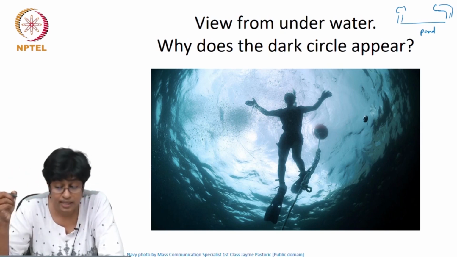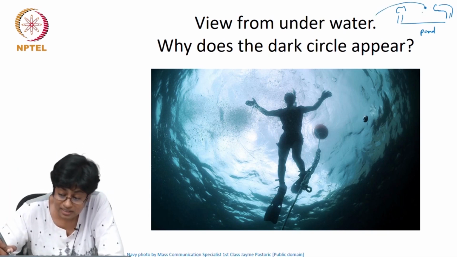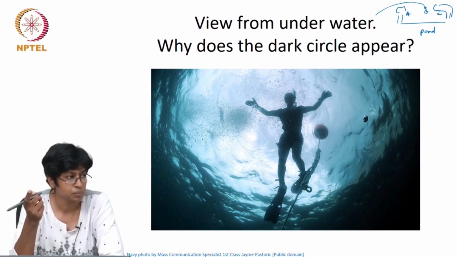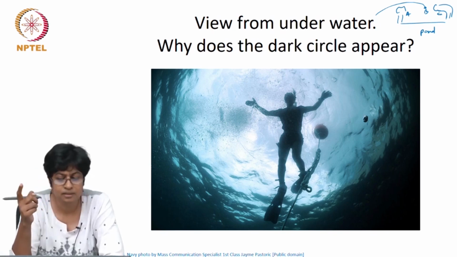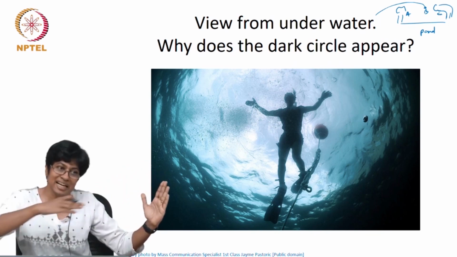Let's say something was hanging over here. You would see this. So let's say I have different images, different objects. The object B would probably appear clearer than A, because A is coming in from that glancing angle.